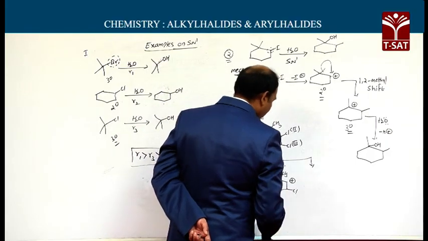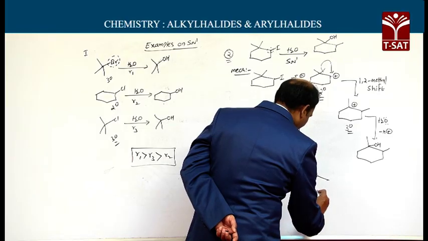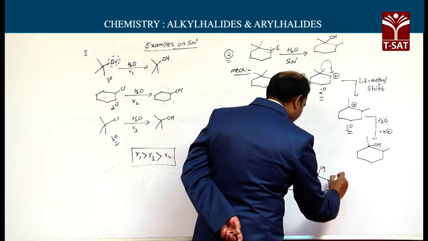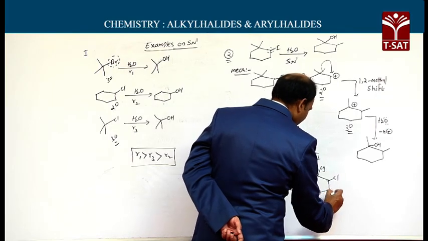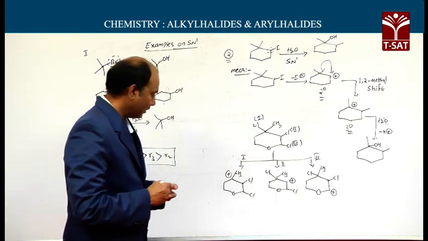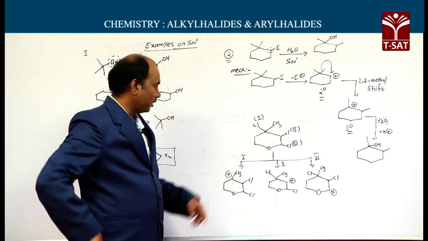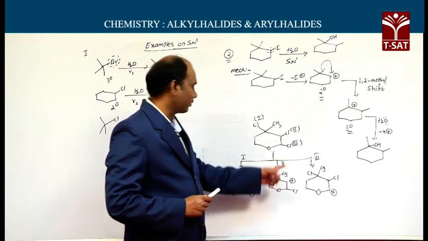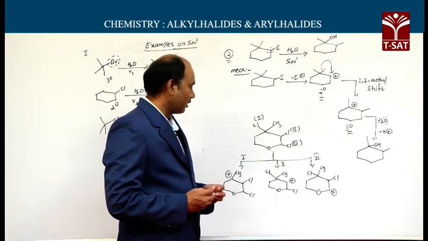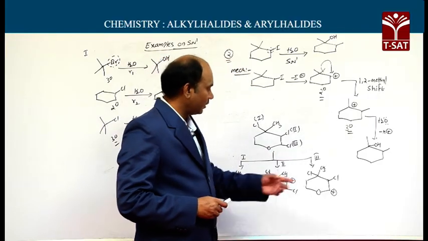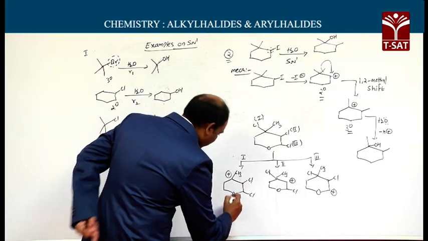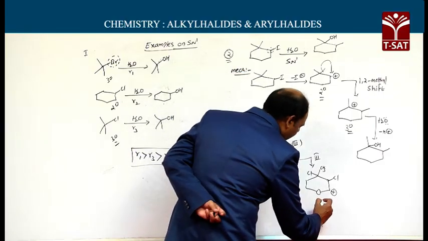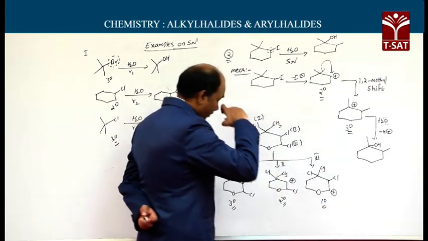And in the third case, here oxygen, this is CH3, this is Cl, here also Cl, so here this is a carbocation. If the first Cl undergoes cleavage, this carbocation is formed. If the second Cl undergoes cleavage, we get this second compound. If the third Cl undergoes cleavage, we get the third compound. In these three compounds, this is a tertiary carbocation, this is a secondary carbocation, and this is a primary carbocation. Sir, which one is more stable?